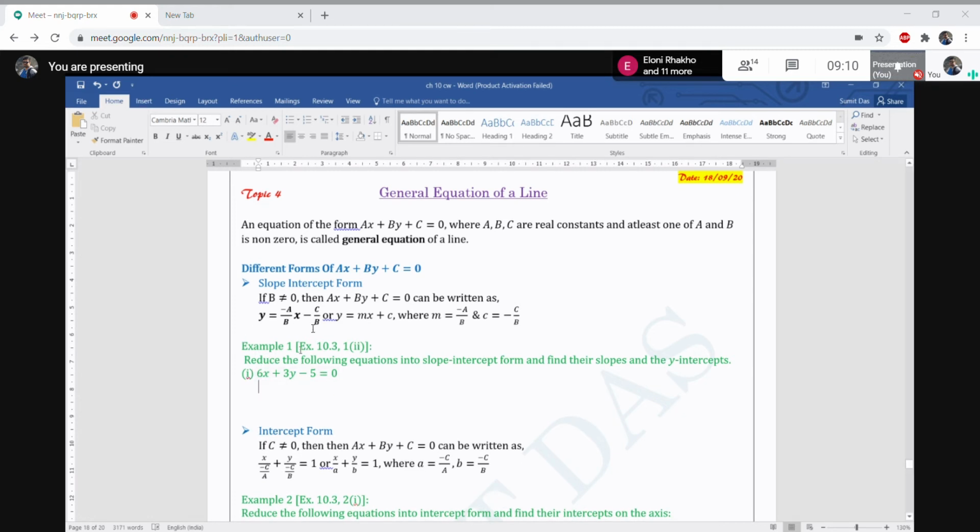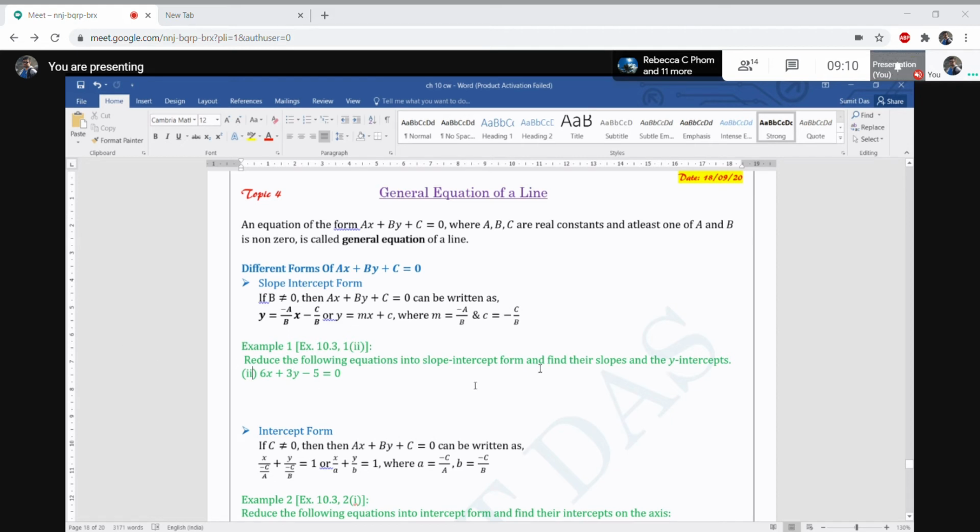This is in your book, 10.3. This is the second problem of exercise one. What the question is saying: reduce the following equation into slope intercept form and find their slope and y-intercept.